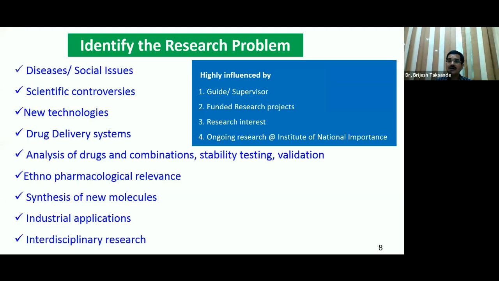Then you can work on available scientific controversies. One research group is saying this is possible, a second research group is saying this is not possible. You can take that challenge to find out which scientific controversies are available on the internet related to pharmaceutical sciences, health, and medical research.